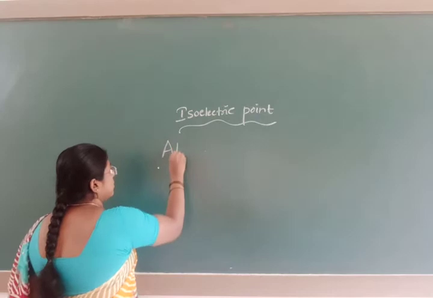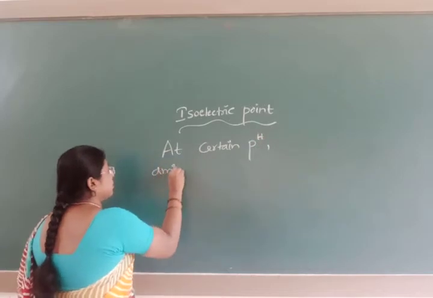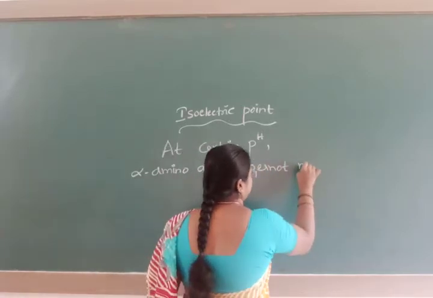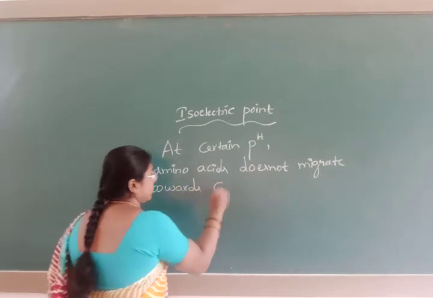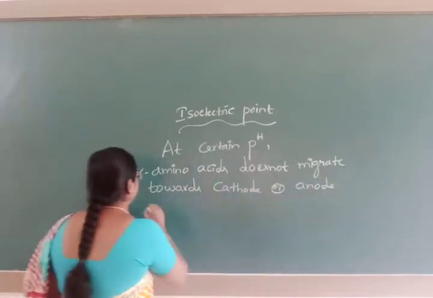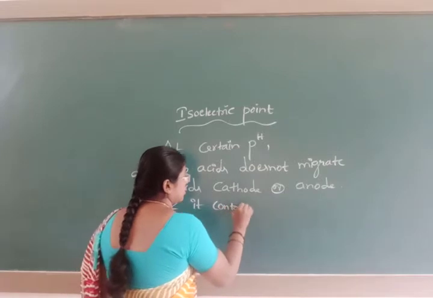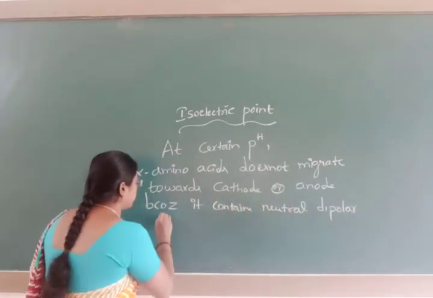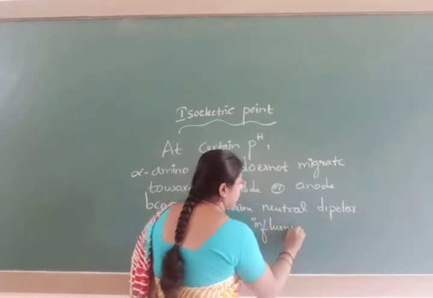Isoelectric point is at a certain pH at which alpha amino acids do not migrate towards the cathode or anode, because it contains a neutral dipolar ion under the influence of an electric field.